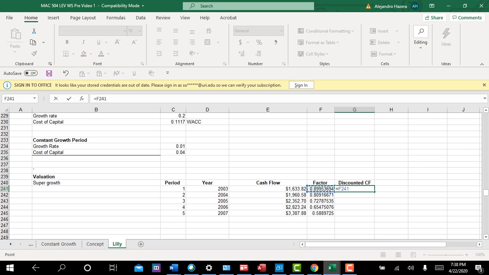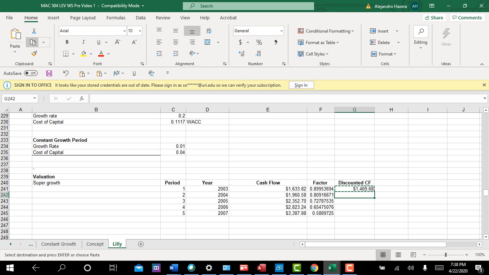Okay, then we'll calculate the value of our free cash flows. So we have this right here.